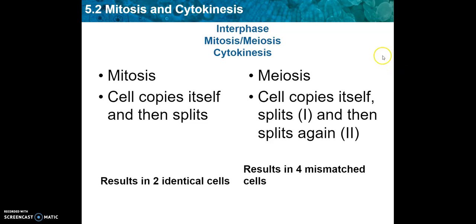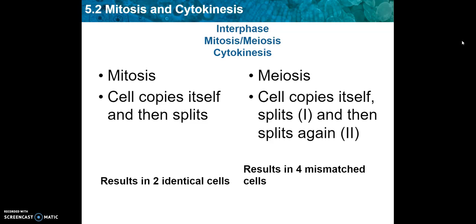So when we look at the cell cycle itself, we have interphase, which is what the cell's spending 90% of its lifetime in. And then we have this mitosis or meiosis phase, depending on what type of cell it is. And finally, the cytokinesis, which is a very, very short fraction of time. In mitosis, which is what we're going to study this chapter, we're looking at a regular cell. The cell is going to copy itself and then split in half, and it's going to result in two identical cells.